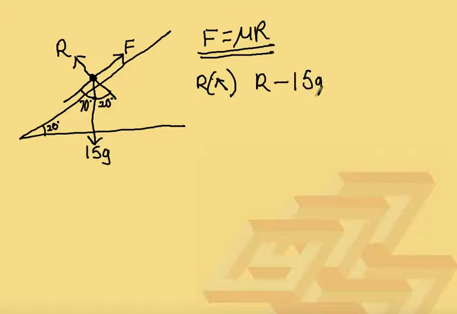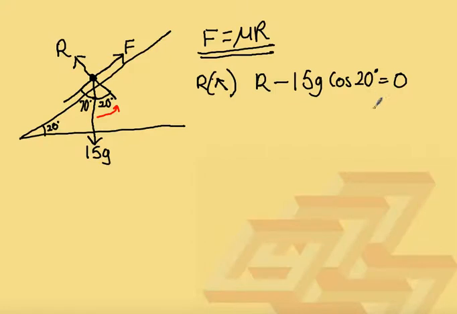Then acting in the other direction, I have this 15g, so minus 15g, but it's not the whole 15g, it's just a component of the force, which when I resolve round, so we're resolving round this way, resolve through the angle I'm turning, so it's through cos of 20 degrees. And this is an equilibrium, so there's no movement, so it's equal to 0.